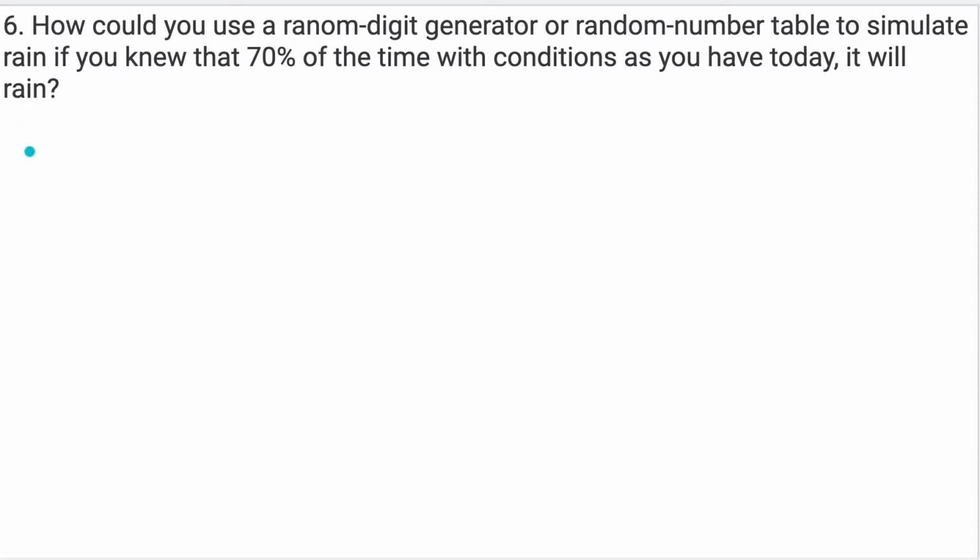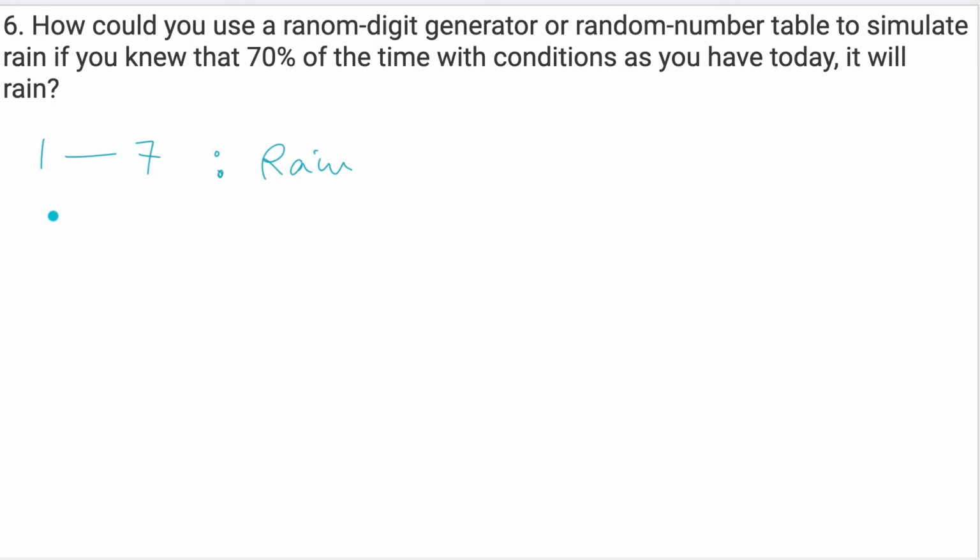For example, from 1 all the way to 7, if the random generator gives 1 to 7, you can say that means it's rain, because that makes 70% of the time raining.